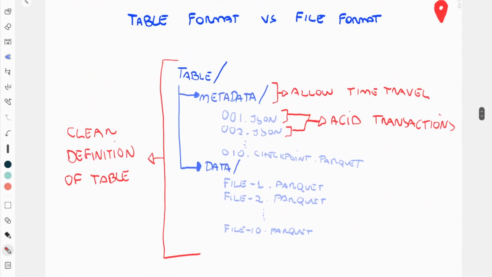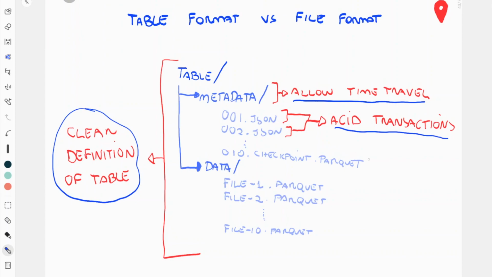Some of its features are the clear definition of a table, because sometimes that's quite hard. When you have a data lake, you don't have a clear definition of what a table is. It also allows time travel, right? Because you have the data stored as it was in its first iteration, and you have each of the ACID transactions that was executed, and each of the checkpoints that it had.